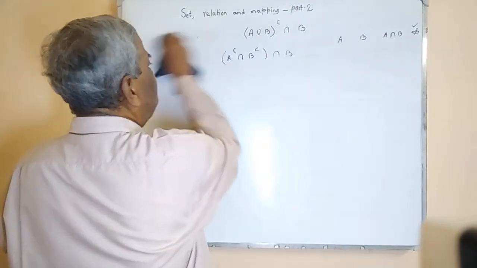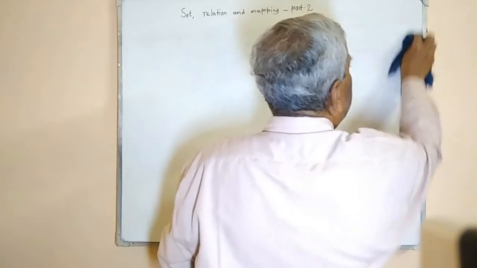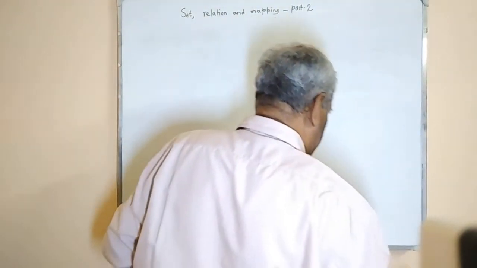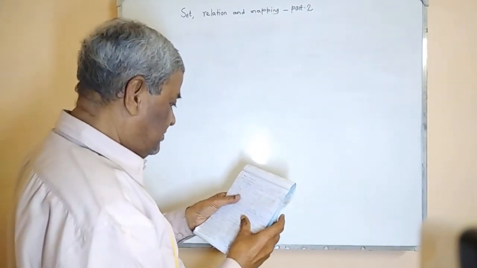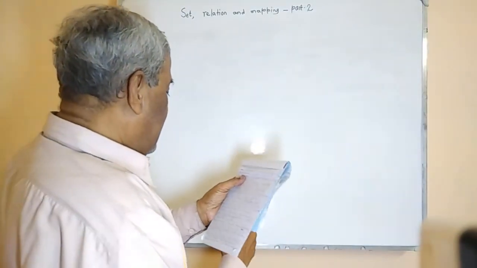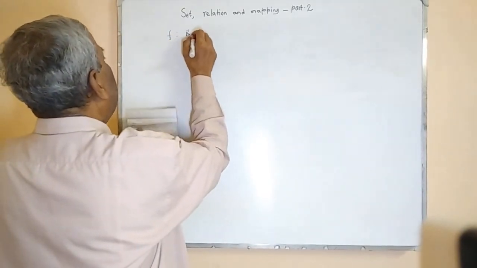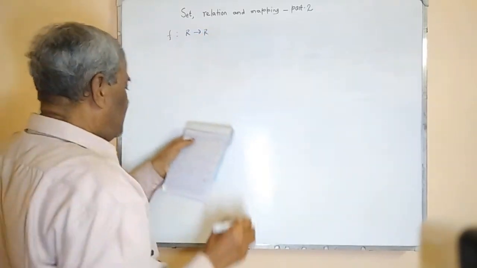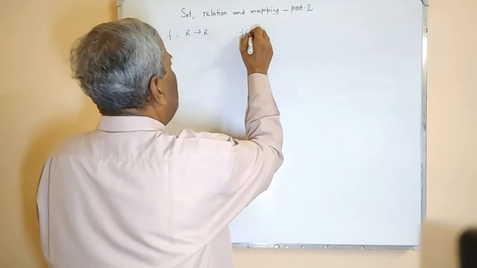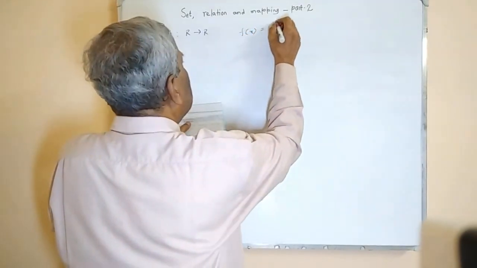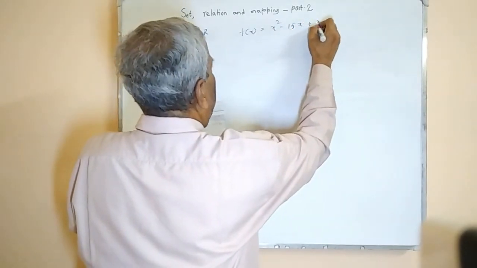Next one. Let f from R to R be a mapping where f(x) = x² - 15x + 23.